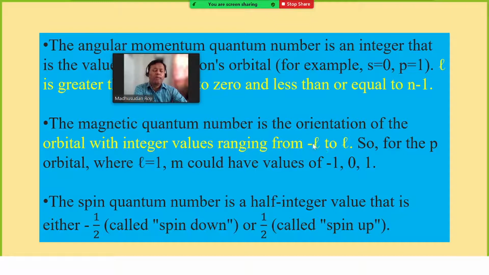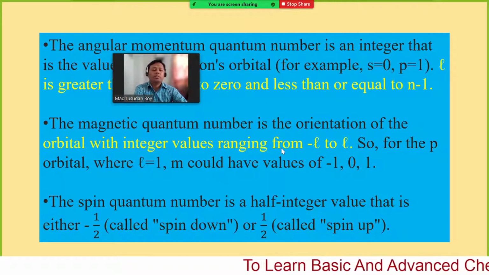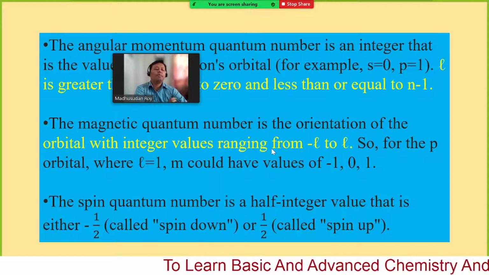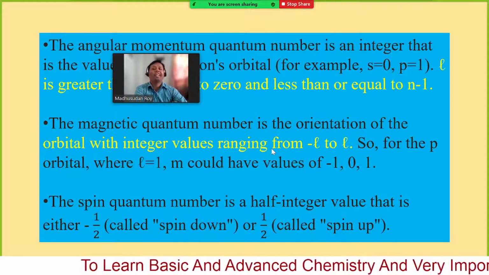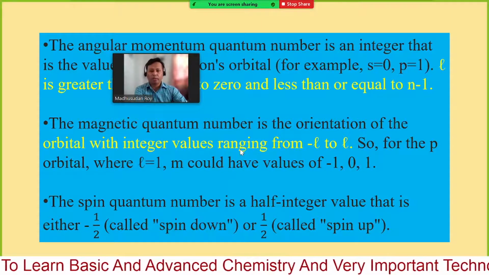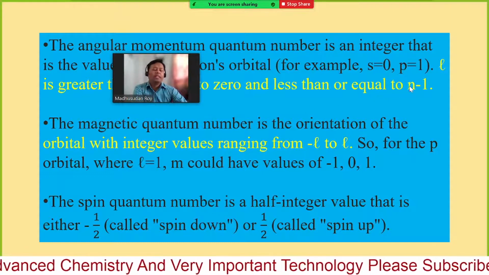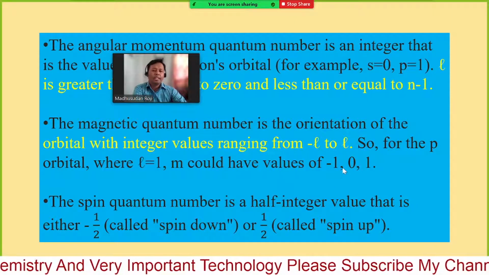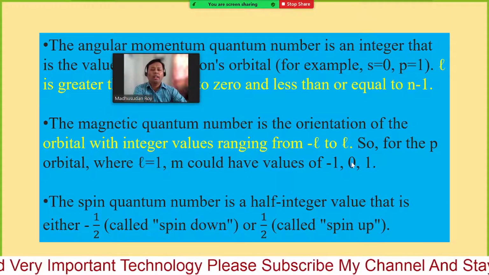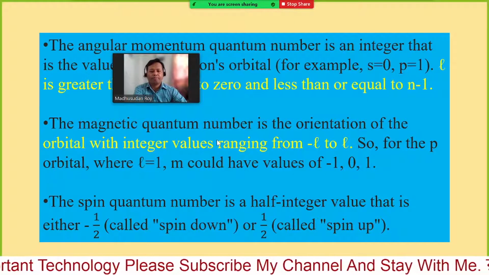The second one is minus L plus 1, so minus 1 plus 1, that is 0. And then 0 plus 1, that is 1. So you can easily understand that if the value of L, the azimuthal or angular quantum number, is 1, then you can have minus 1, 0 and 1 for the magnetic quantum number.